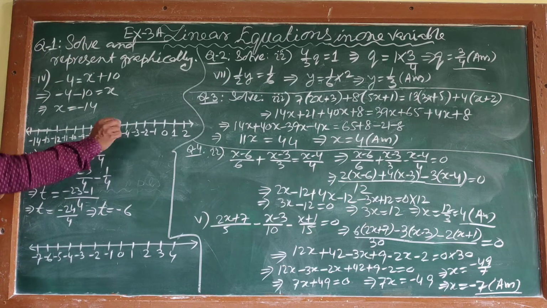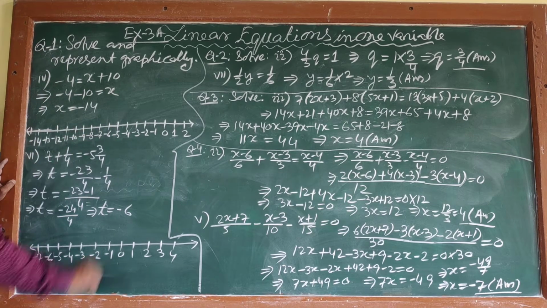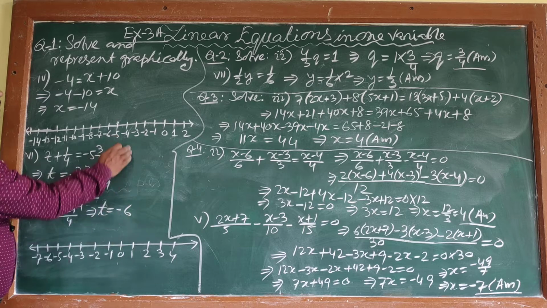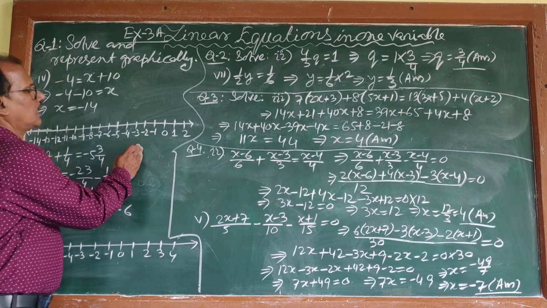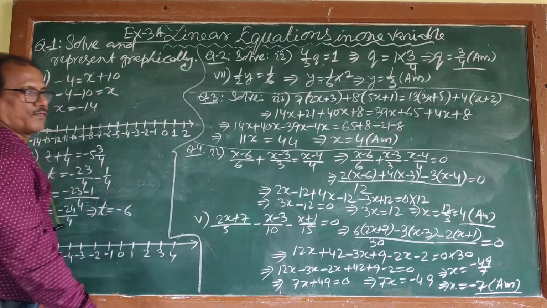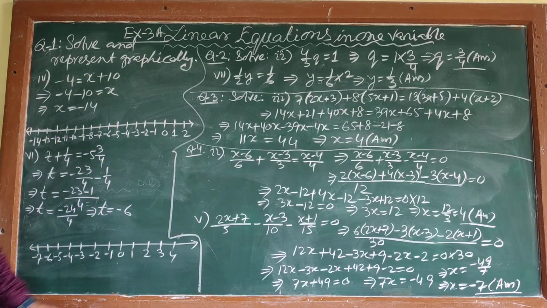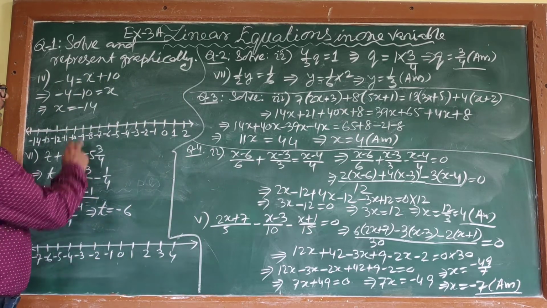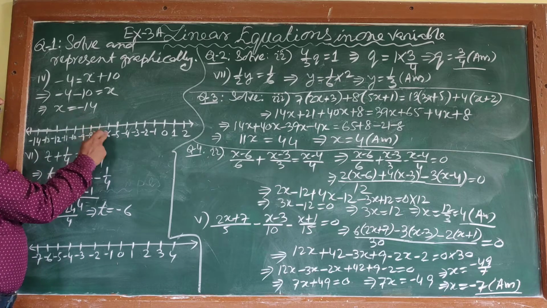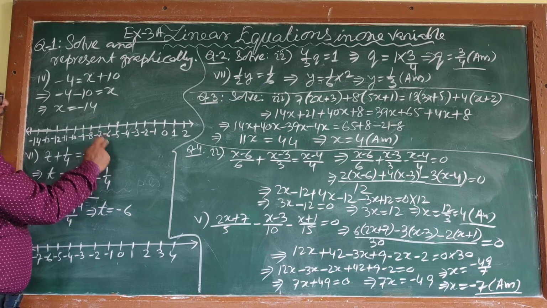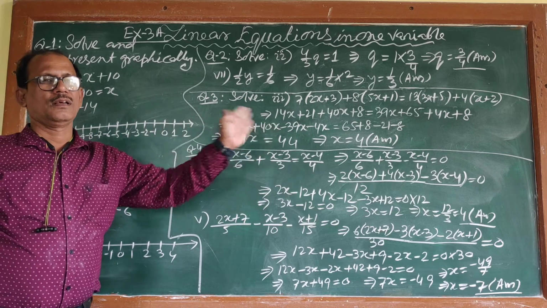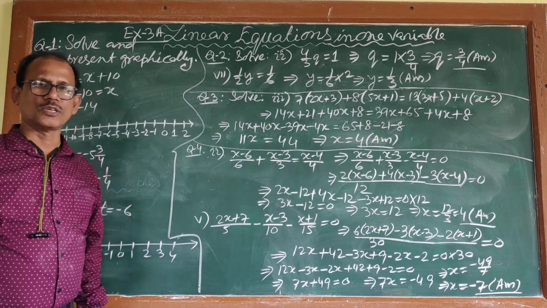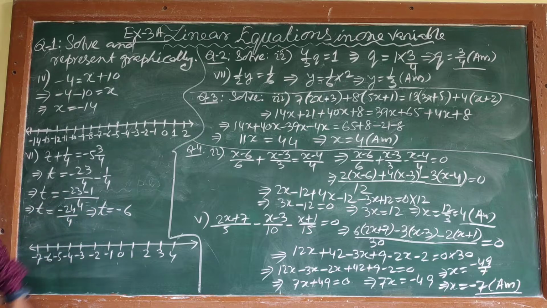So you draw a straight line with the help of a scale. Zero's right hand side will be the positive values, and zero's left hand side will be the negative values, as you all know. According to the value you can put 0. You are supposed to put 0 in the middle, but because you are concerned with a negative value, you can put 0 a little to the right hand side.